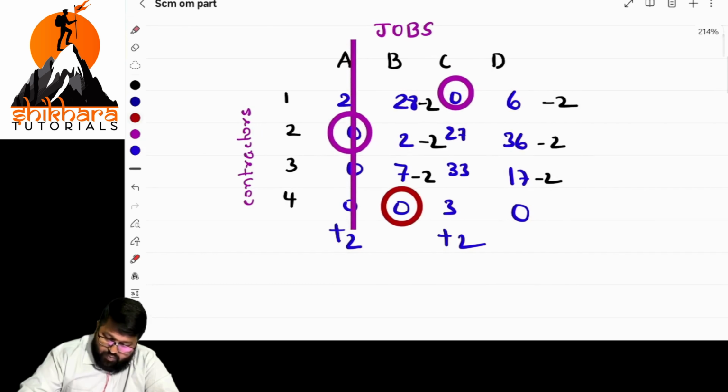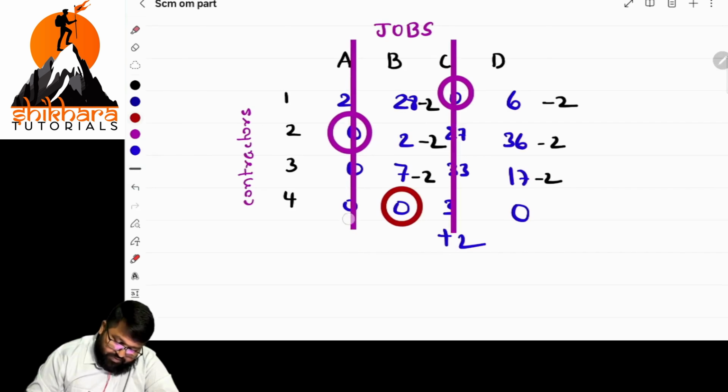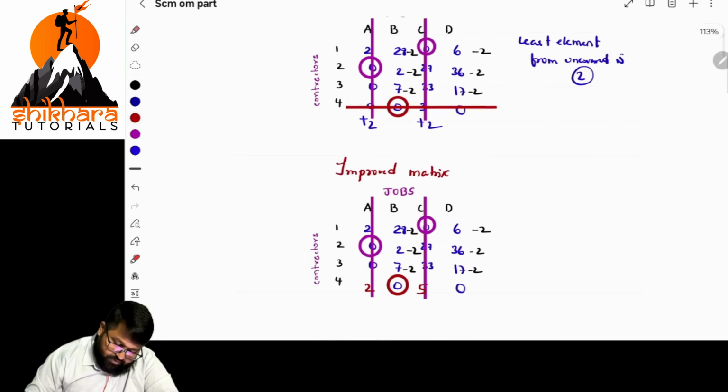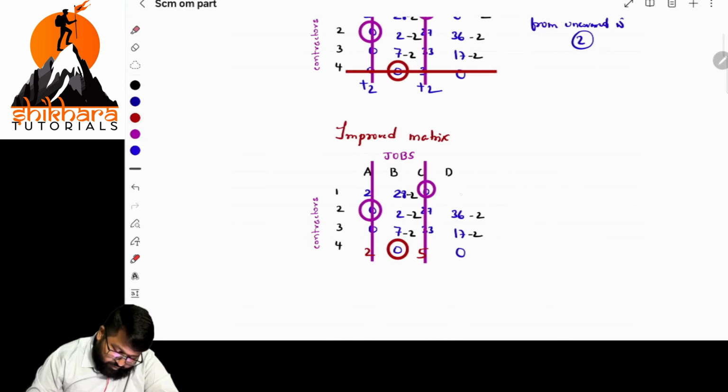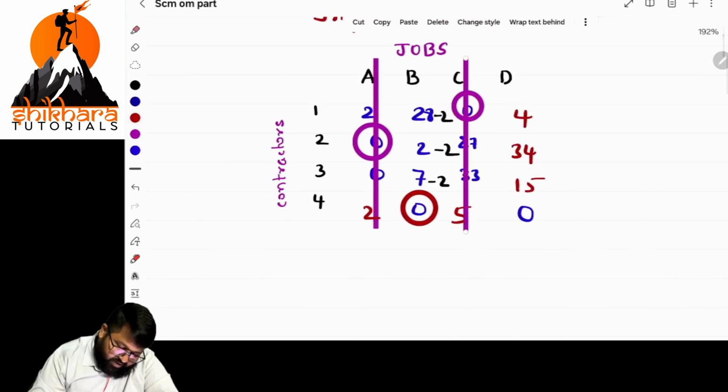We made some adjustments now. This part will be 2, and here it will be 5. Here it will be 4. Here it will be 34. Here it will be 15. And this will not be affected at all.